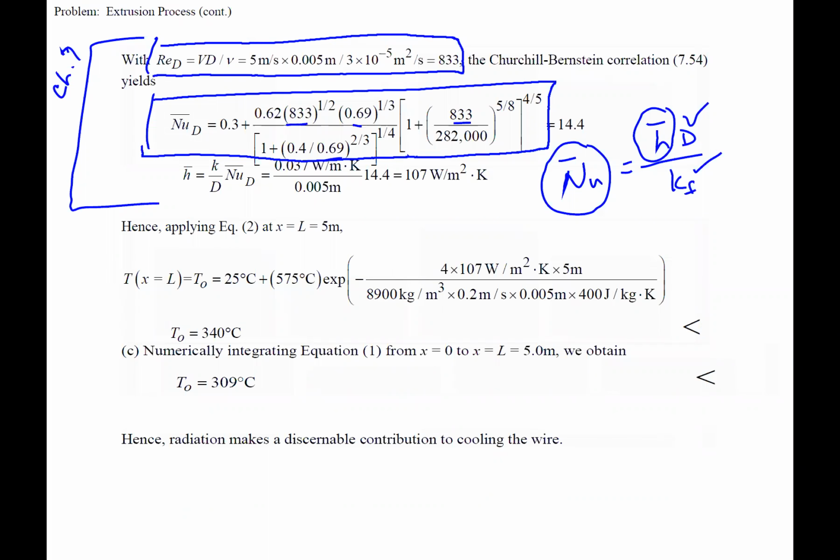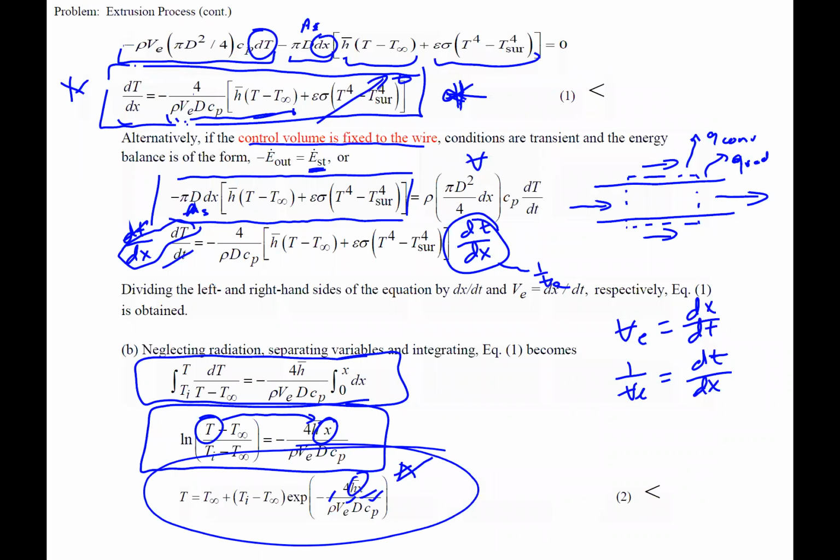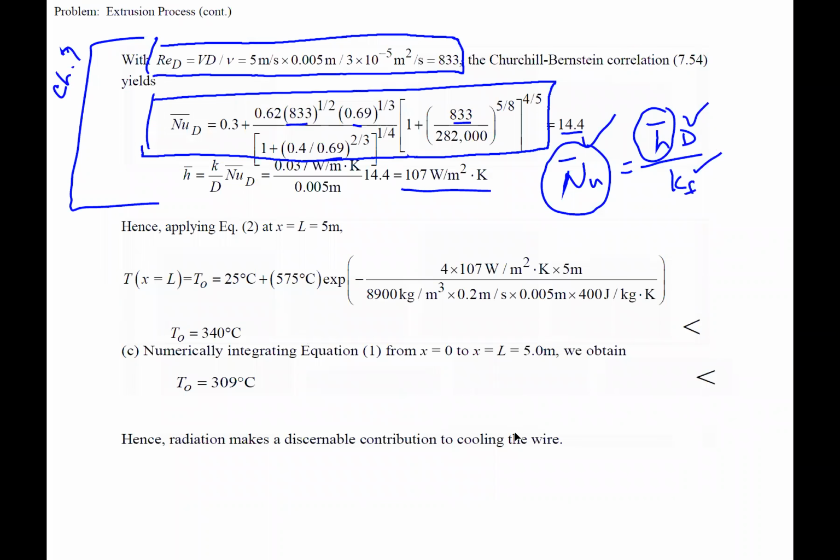Then we plug that Nusselt number, which is 14.4, into our equation right here, and we get 107. Now we have everything to solve this equation. Plug all the values in, put it in our calculator, and we get 340 degrees Celsius.